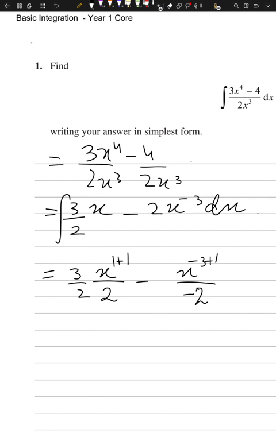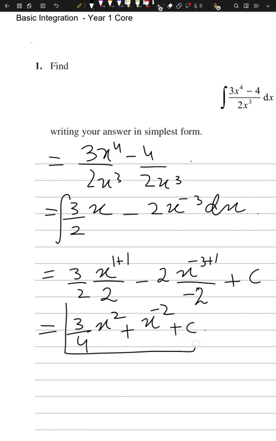Negative 3 plus 1 is negative 2, into 2. And then a constant. Simplify this further, so it's going to become 3 over 4 x squared plus x to the power of negative 2 plus c. This is our final result of the integration.